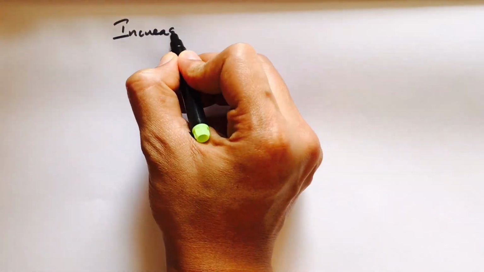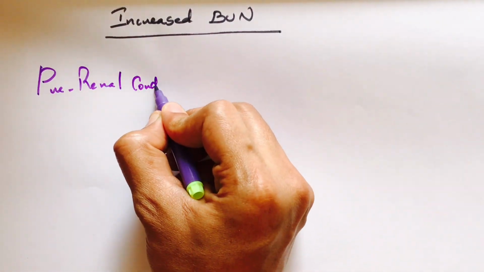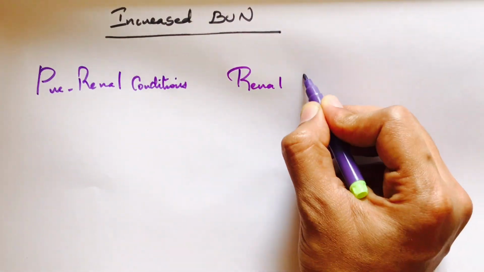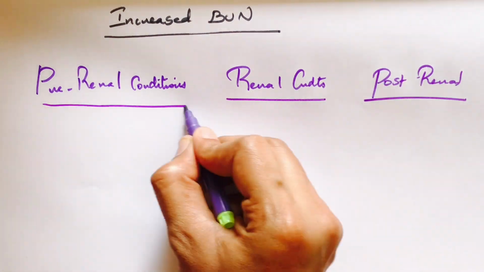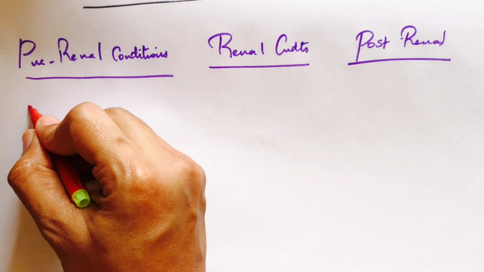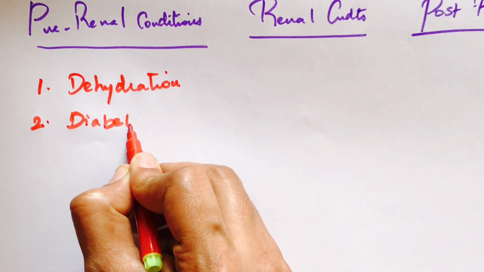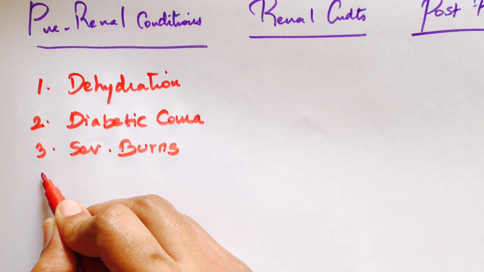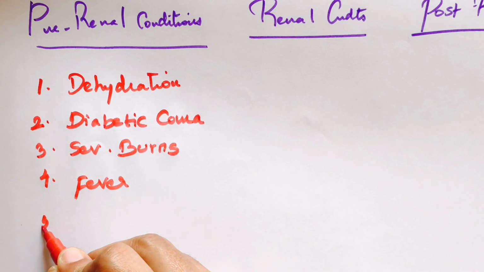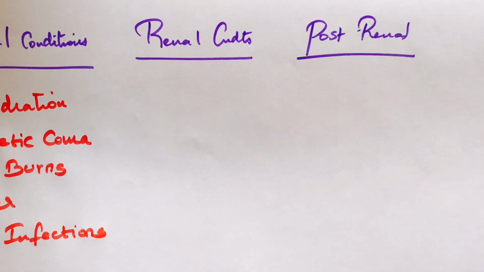The causes of increased BUN can be dealt under three headings: pre-renal, renal, and post-renal conditions. So what are the pre-renal conditions? Dehydration, diabetic coma, severe burns, fever in case of severe infections.